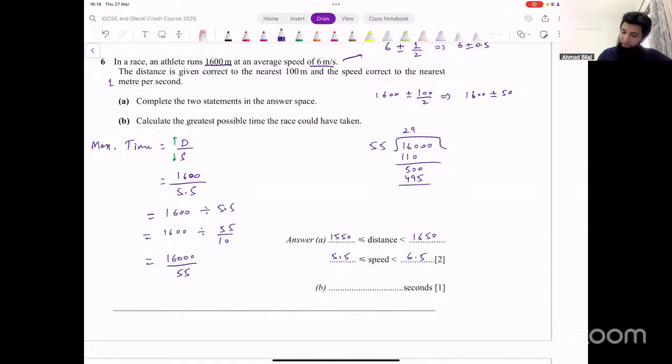Let's subtract this, and I have 50 here. That is not divisible, so we have another 0 here.